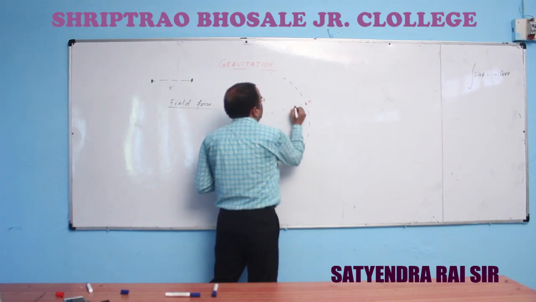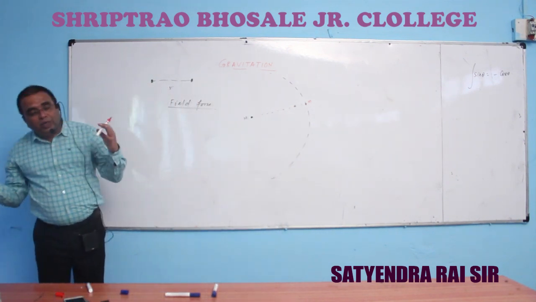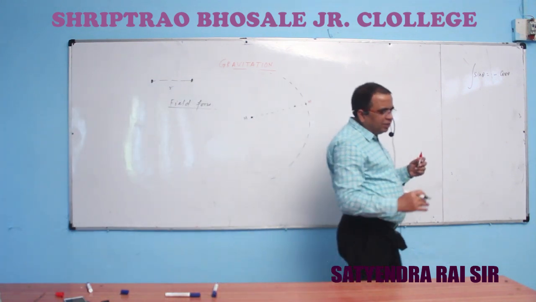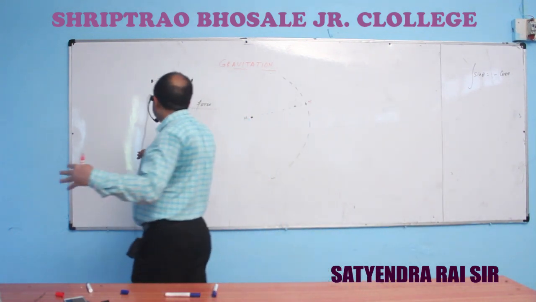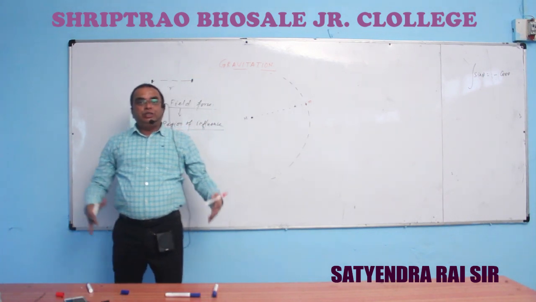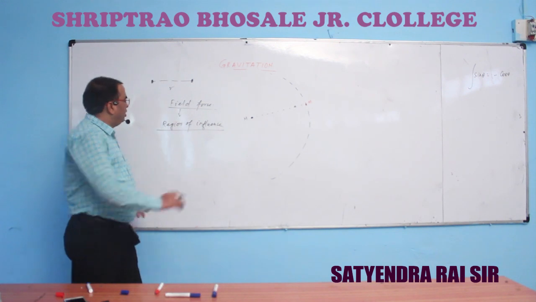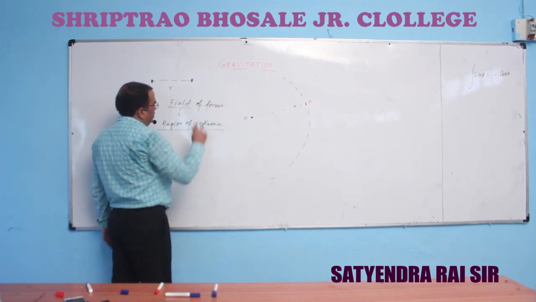The question is, how does capital M interact with small m even when they are not in contact? The answer is by creating a region of influence, a region in which its influence works. We may call it a field of forces.